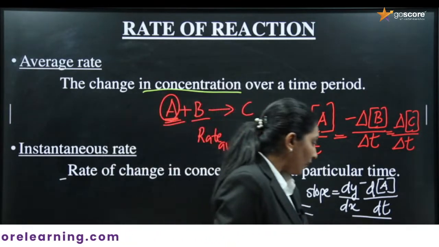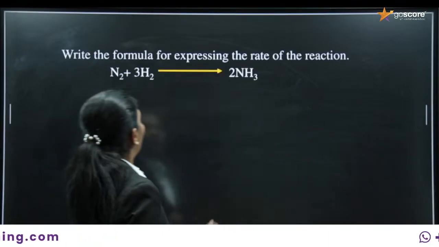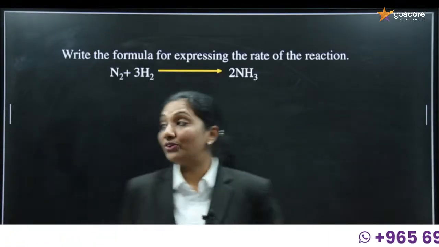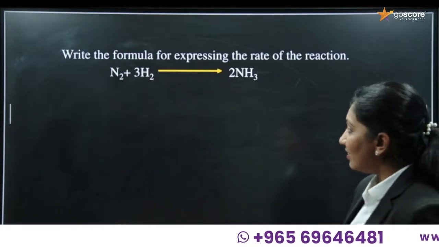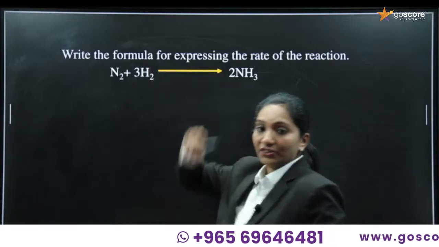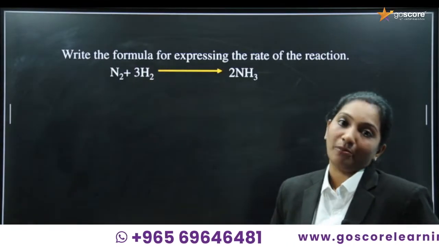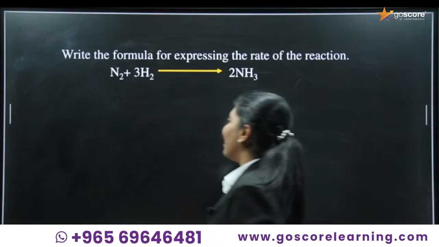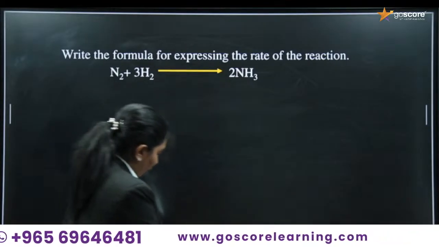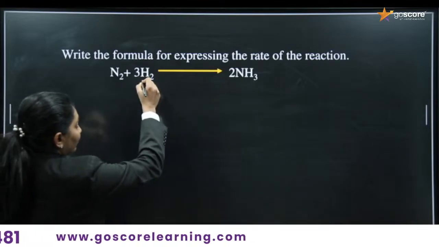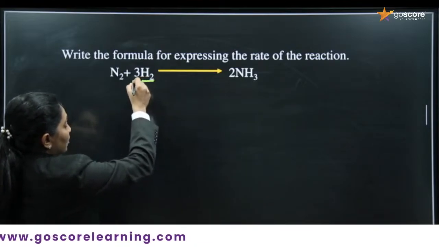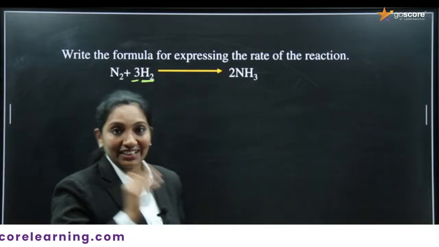Okay. Now let's see a question. We want to write the formula for expressing the rate of reaction, that is nitrogen reacting with hydrogen to form ammonia. Here the only point that you have to keep in mind is to check that for hydrogen there is a stoichiometric coefficient 3, right?